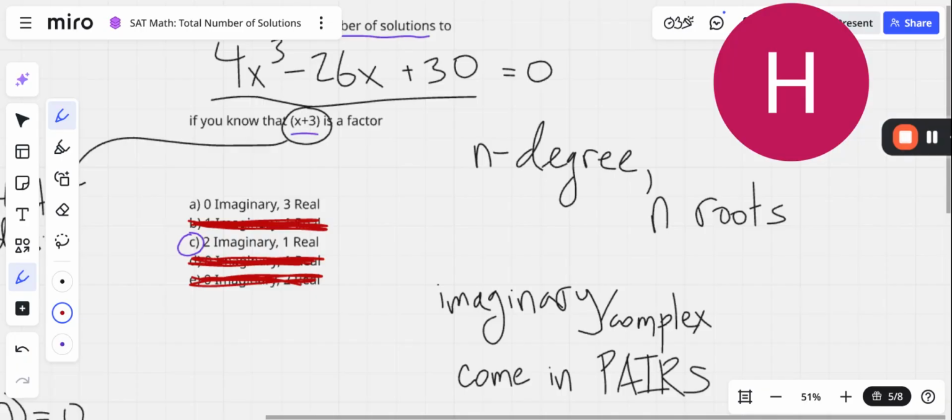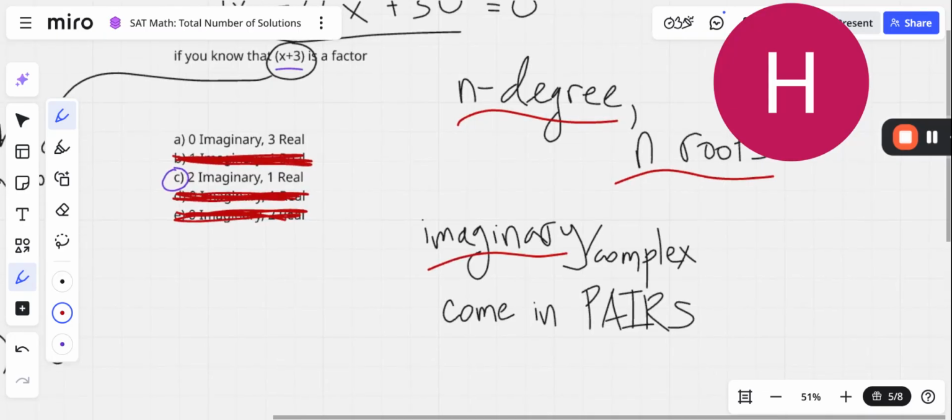You'll probably only be able to eliminate 1 or 2 options. So maybe I made it a little bit too easy, but it was really just to have several different wrong answers, and I wanted to be able to demonstrate this concept of nth degree, n roots, and also the concept that imaginary or complex roots, as well as radical roots, irrational ones, they come in pairs.